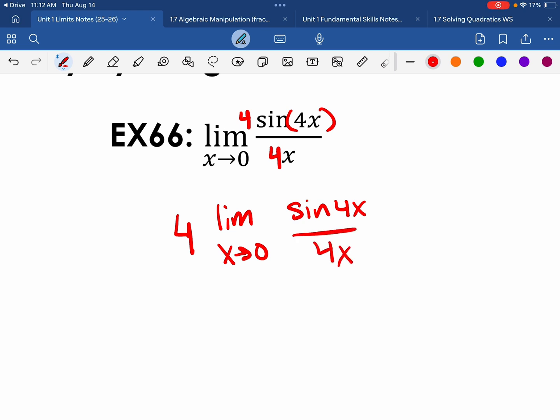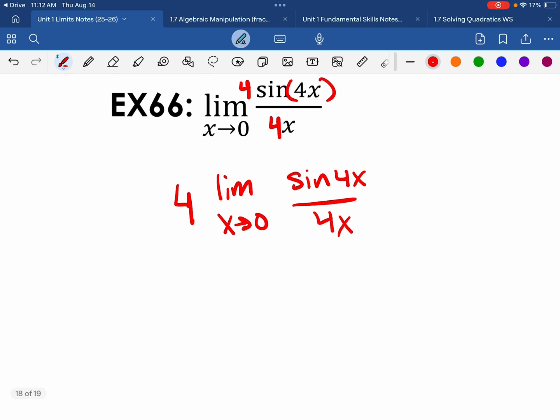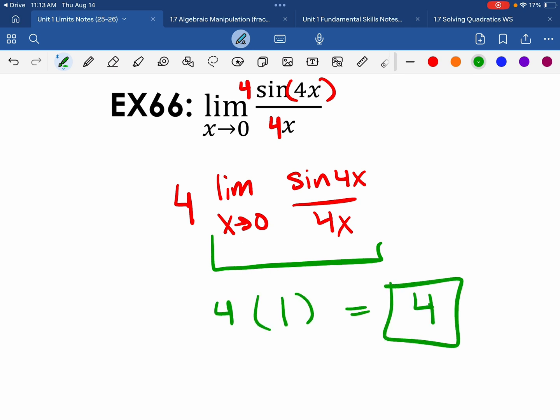This 4 in the very front is the one that I just multiplied to keep everything even. And then I know that the limit as x approaches 0 of sine 4x over 4x is going to be 1 times this 4.